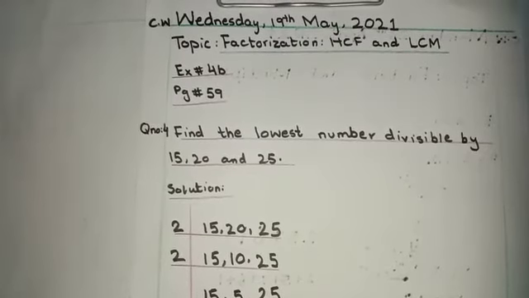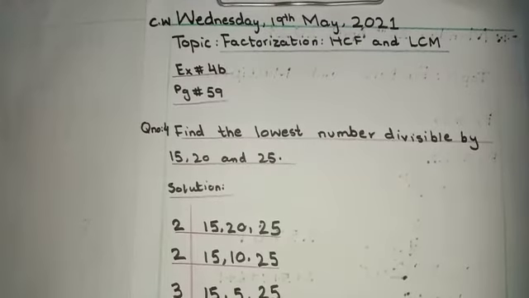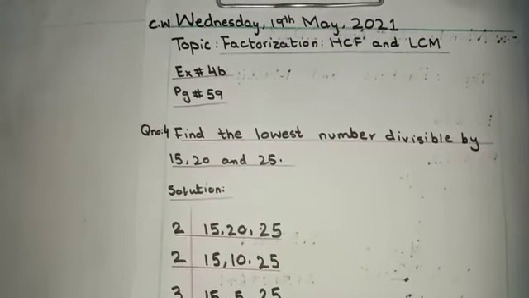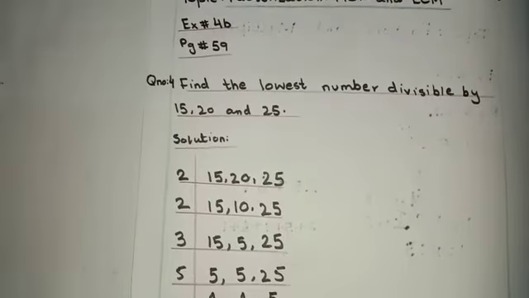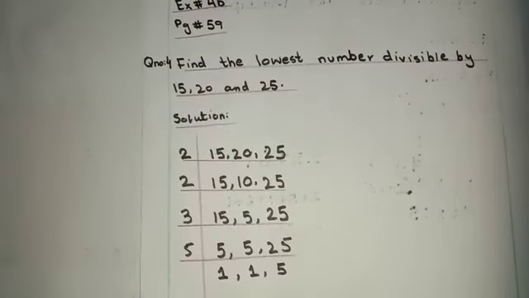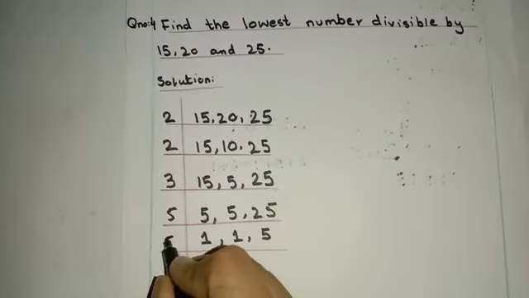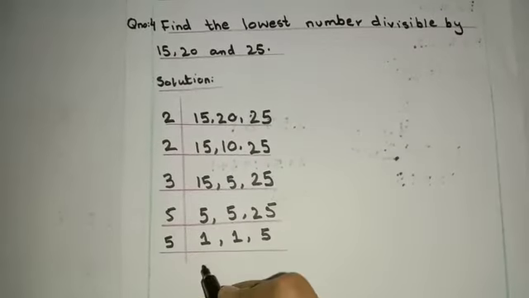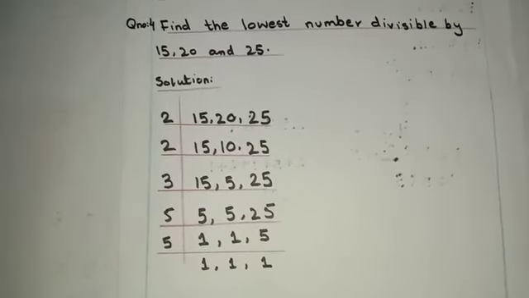Now you know that 15 occurs in the table of 3, so 3 fives are 15, 5 as it is, and 25. Now they all occur in the table of 5. 5 ones are 5, 5 ones are 5, 5 fives are 25. Only 5 is remaining, so 5, 1 as it is, again 1 as it is, 5 ones are 5.